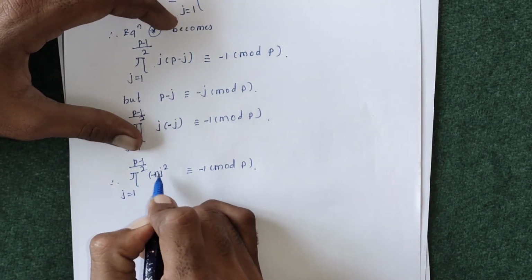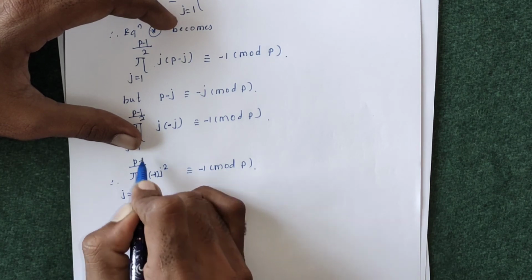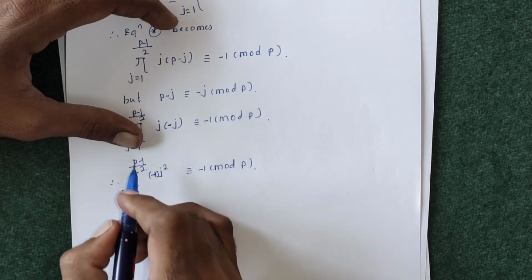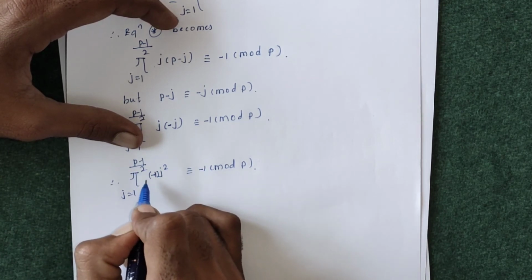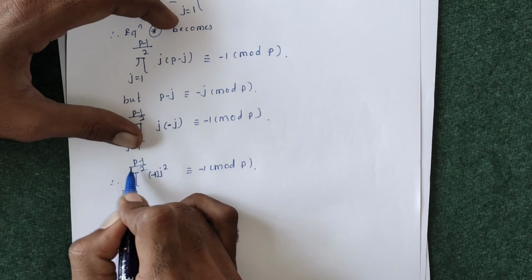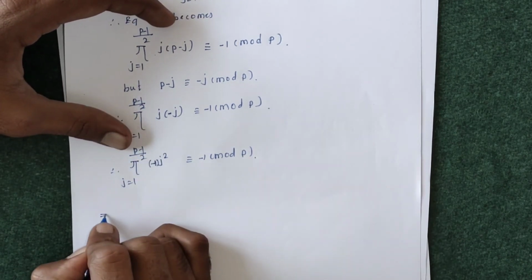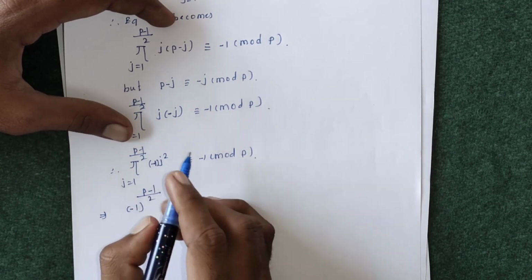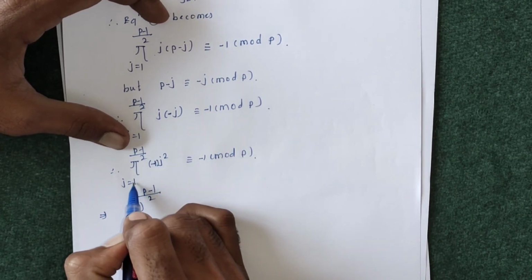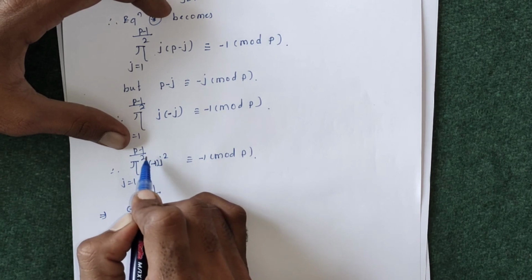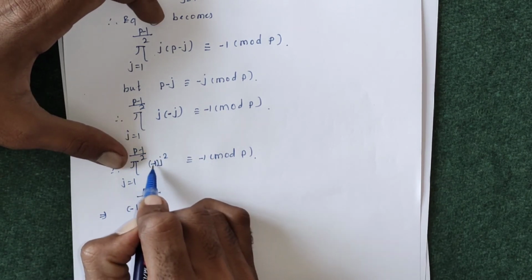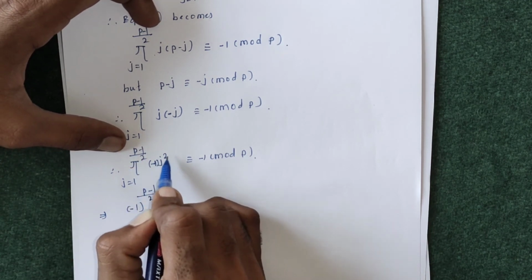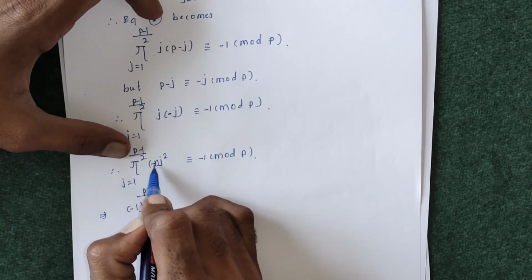Now in the product of minus 1 times j square, if we run this product from 1 to (p minus 1)/2, then minus 1 will appear (p minus 1)/2 times. So we can write this as minus 1 to the power (p minus 1)/2. If we run this product from j equal to 1 to (p minus 1)/2, then for j equal to 1 we get minus 1, j equal to 2 then minus 2 square, j equal to 3 then minus 3 square.